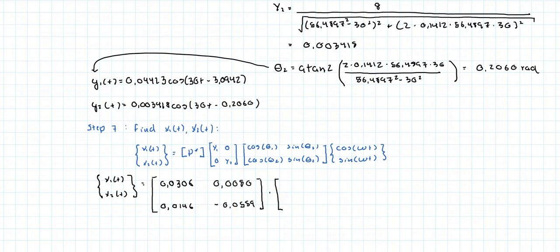I just want to correct my notation. Which is fine, so leave it as is. The first one is 0.04423, 0, 0, and 0.003418. Is that so?